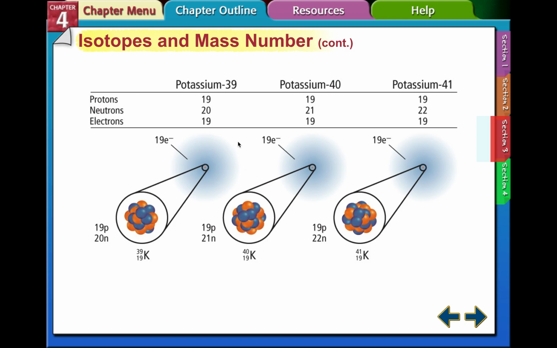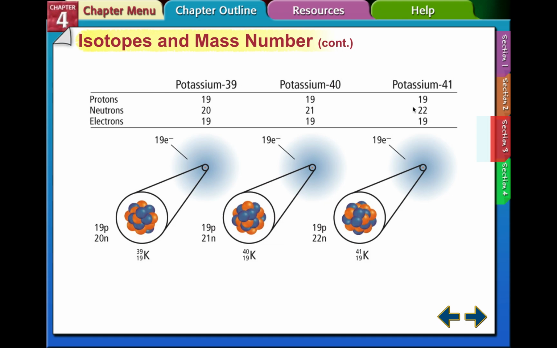So here we have 3 different isotopes of potassium. Now they are isotopes because, again, their mass numbers are different, which means they have different numbers of neutrons. If you look here, this is the only thing that's changing, the number of neutrons. So for potassium-39, there are 20 neutrons. Potassium-40, 21 neutrons.